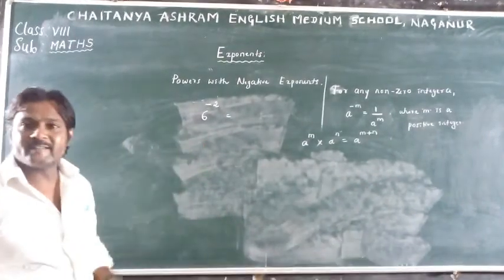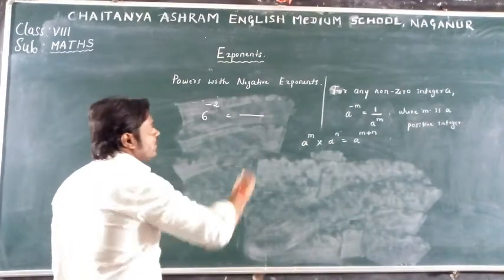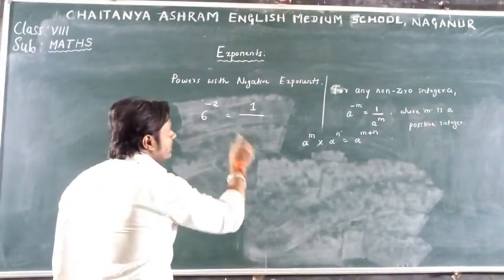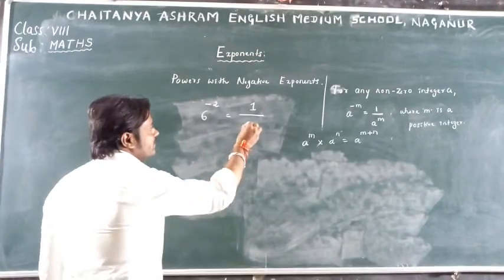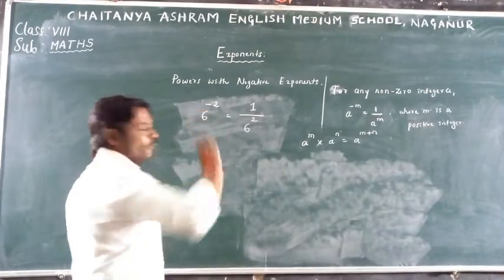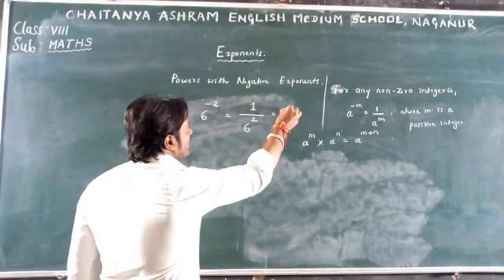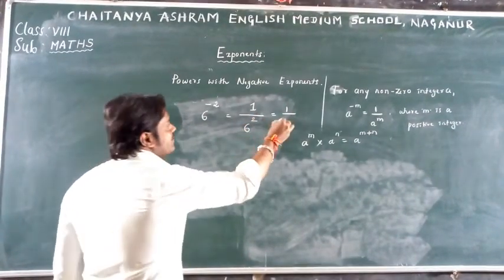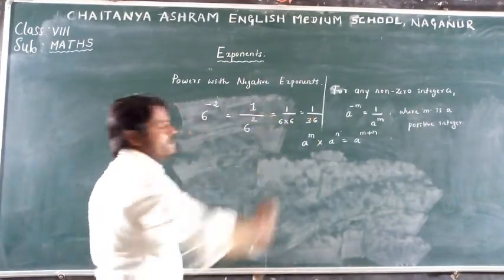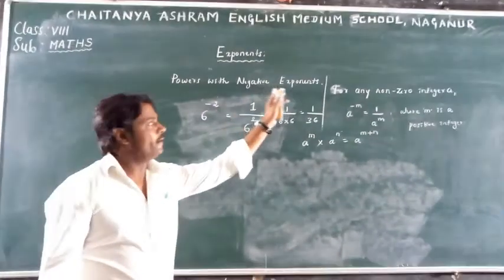As in our previous examples, we make a fraction and write 1 in the numerator. What should we write in the denominator? We write the whole exponent with positive power, that is plus 2. Then simplify and you will get its value: 1 divided by 6 squared, which is 6 into 6, so 1 divided by 36. In this way, we find the value of negative exponents.